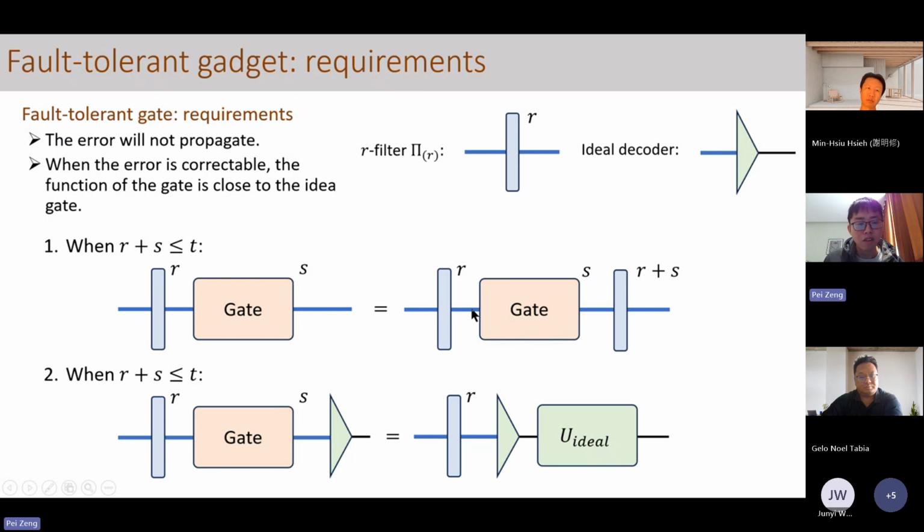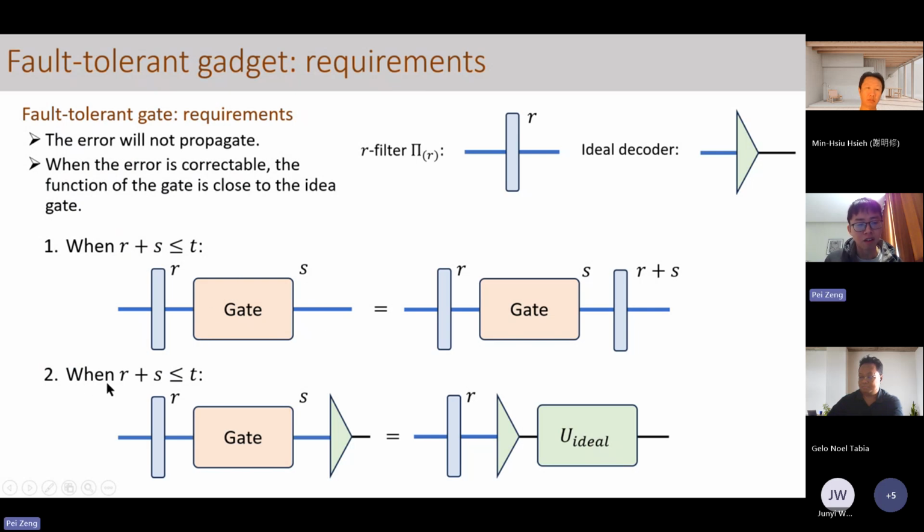When the number of these errors is smaller than the correctable error T, then the output error will be smaller than R plus S. So basically, the error will not propagate. Of course, this is just for a gate on one block; you have a similar definition for two blocks. This is just for simplification. So the first requirement says the gate will not spread the error.